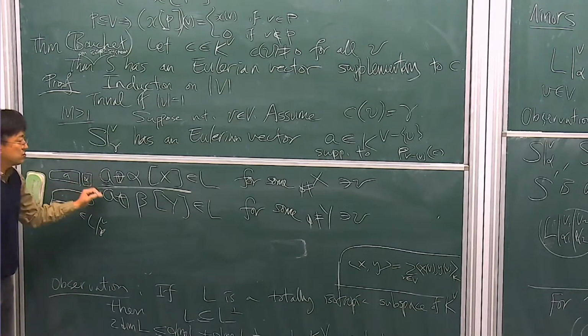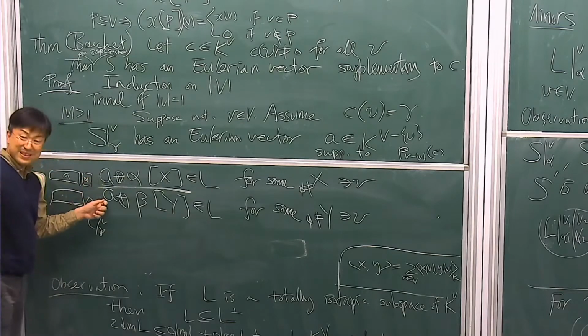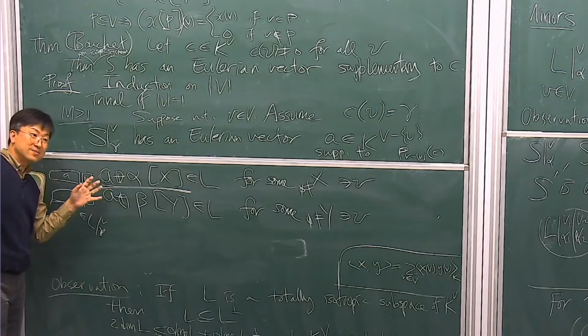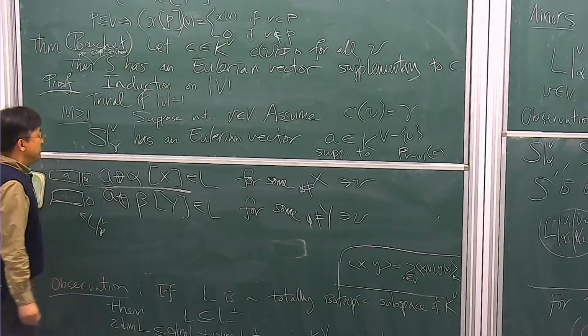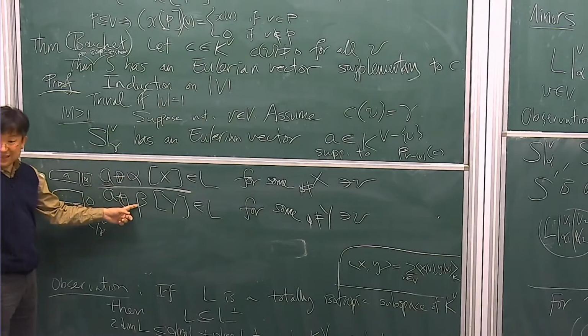Now, these two vectors are in L, and they both contain V, so their sum is also in L, because it's a vector space. But what's going to be the sum? Alpha plus beta will become gamma.